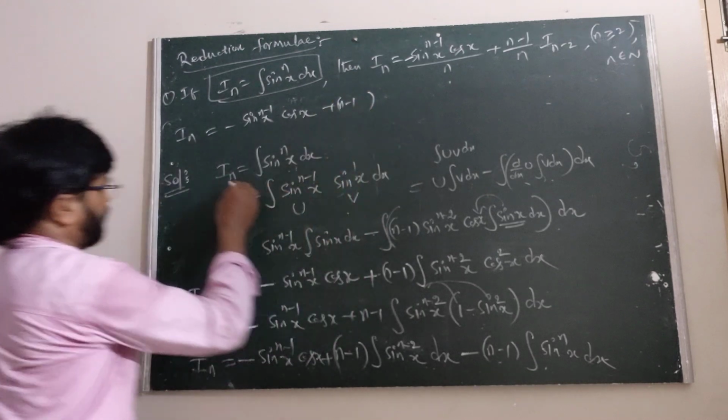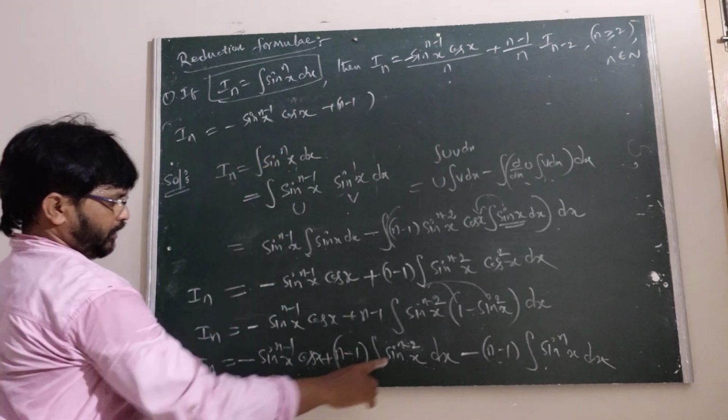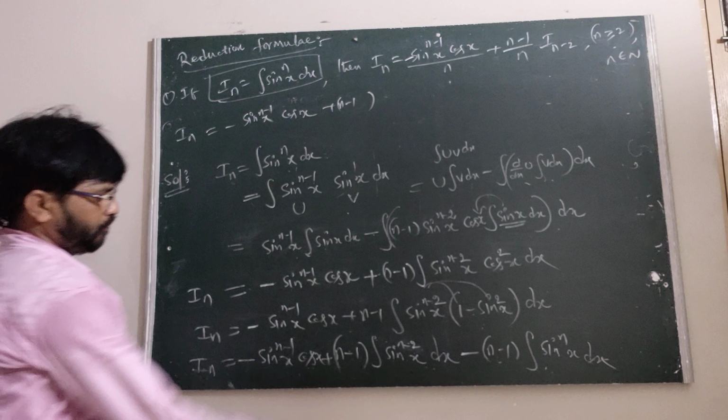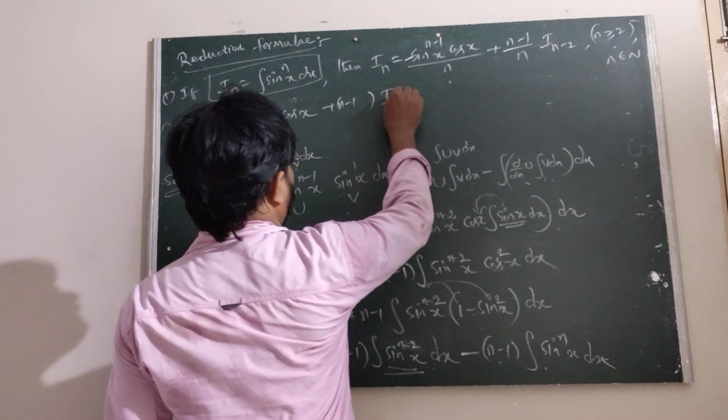We know that in I_n, if the suffix is n, this is sin^n. If the suffix is n-2, this is sin^(n-2). The integral of sin^(n-2) x dx is I_(n-2).